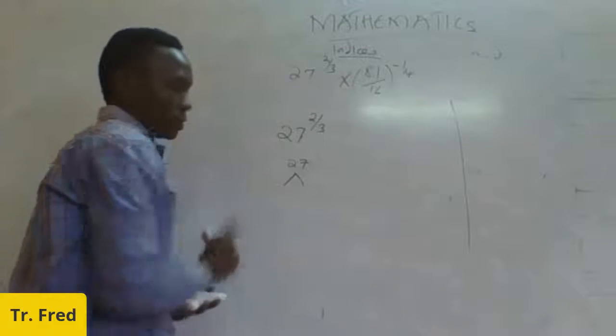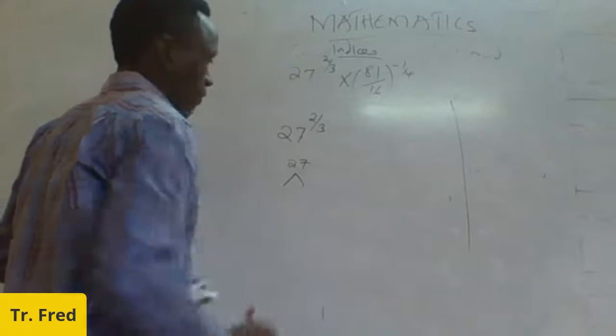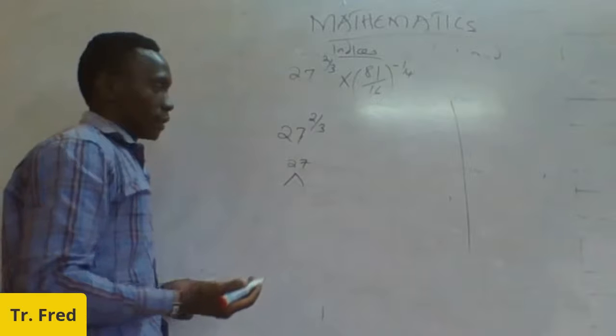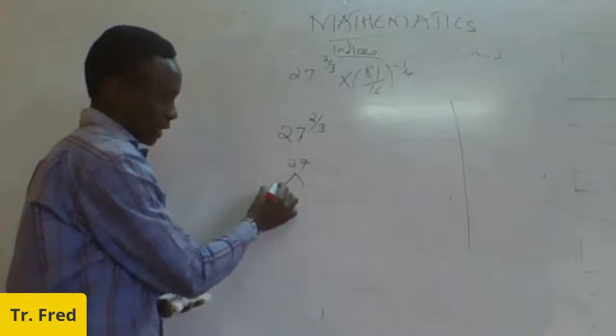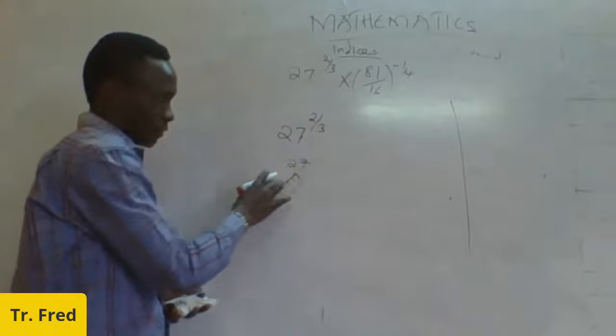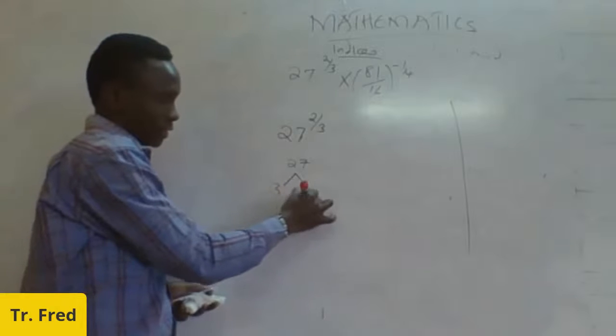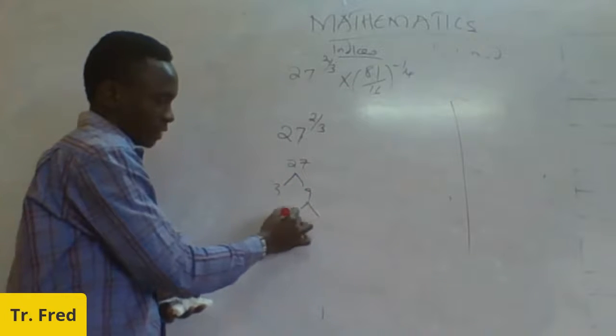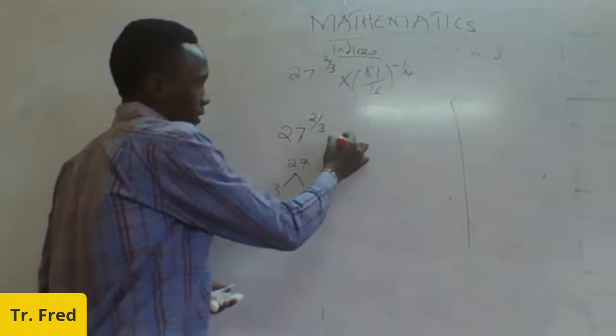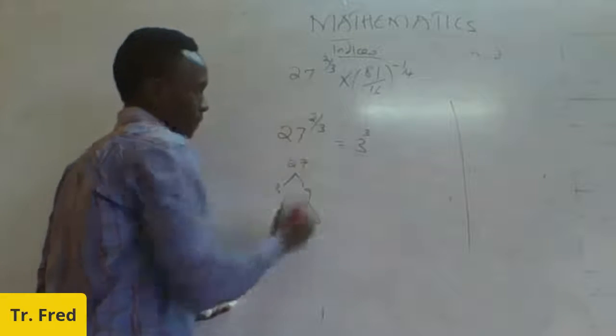We start with the lowest prime number which divides 27 without a remainder, and that number is 3. 27 divided by 3 you get 9, and then 9 divided by 3 you get 3. Therefore, 27 is simply 3 power 3.